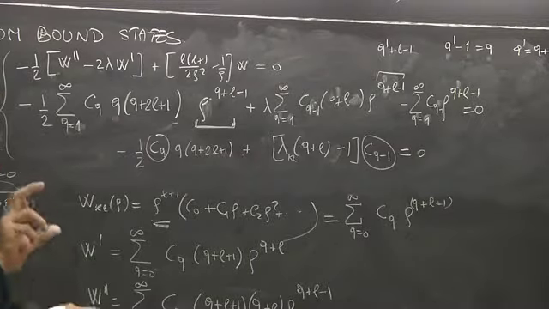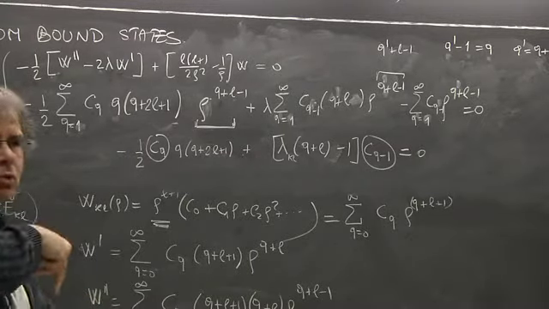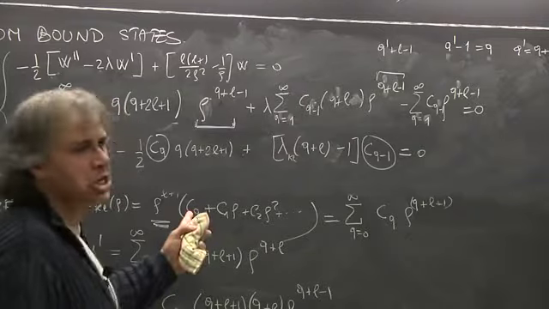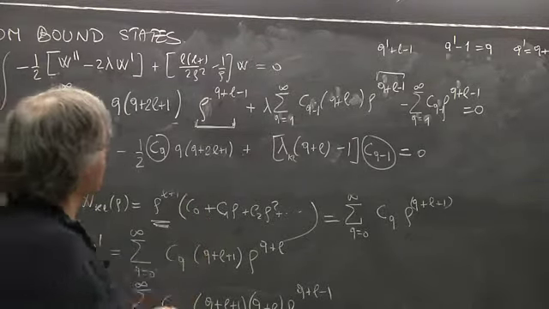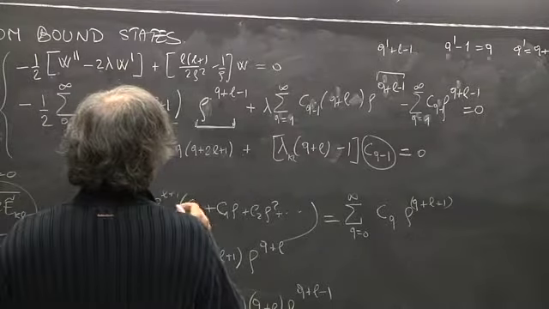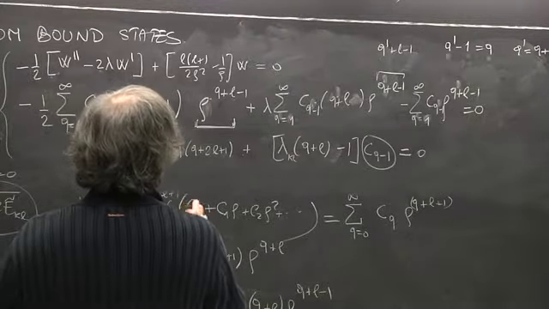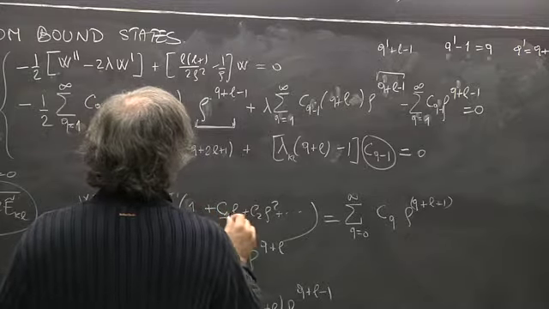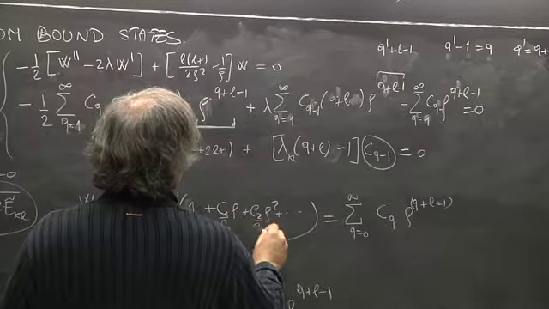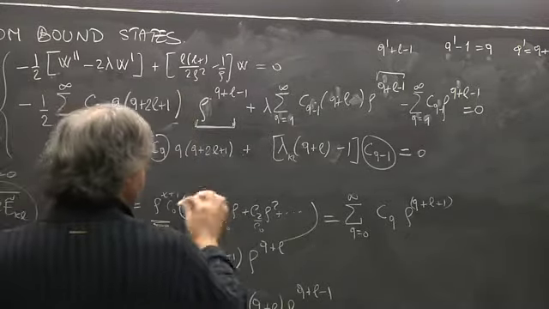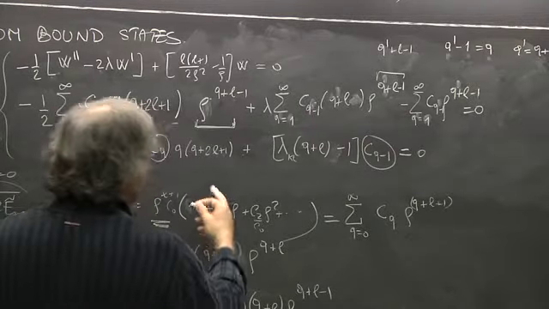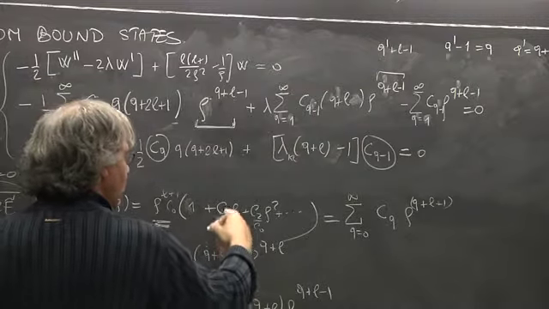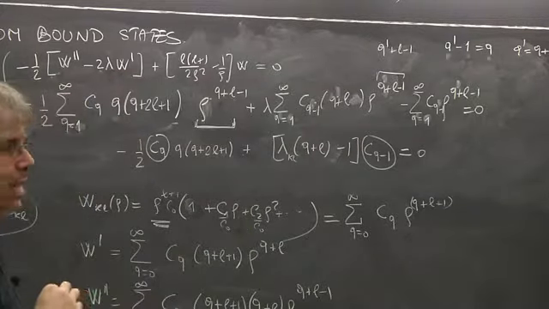You want to find any coefficient in terms of the previous one, because after all, C0 doesn't matter. You can take it as a prefactor in front and say that this is 1 plus C1 over C0 plus C2 over C0. This is a normalization concept: ratios are important.